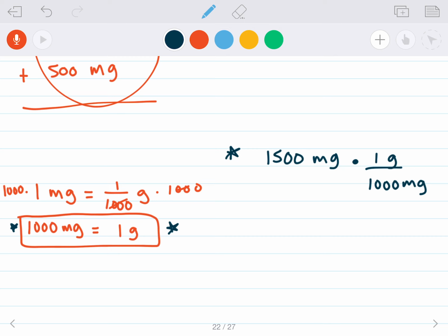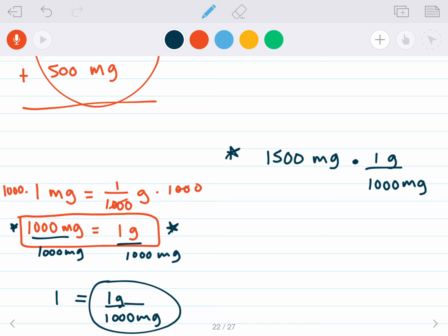If I divide both sides by 1,000 milligrams, whatever I do to one side, I better do the other. On the left side, I get 1. On the right side, I get 1 gram over 1,000 milligrams. So this thing is equivalent to 1. If I multiply something by 1, it's not changing the nature of that thing. It's just making it look different. That's the idea.